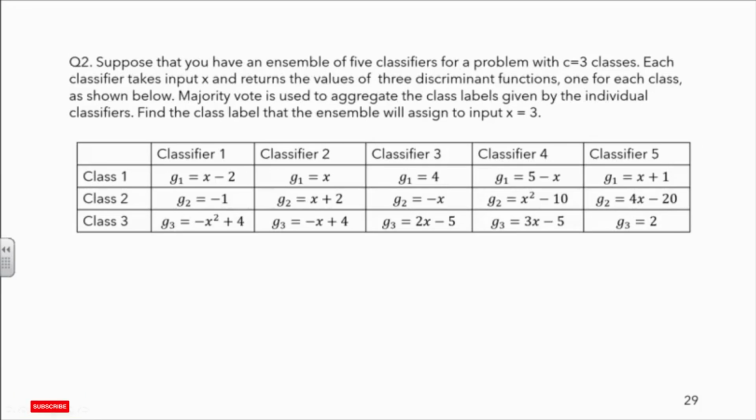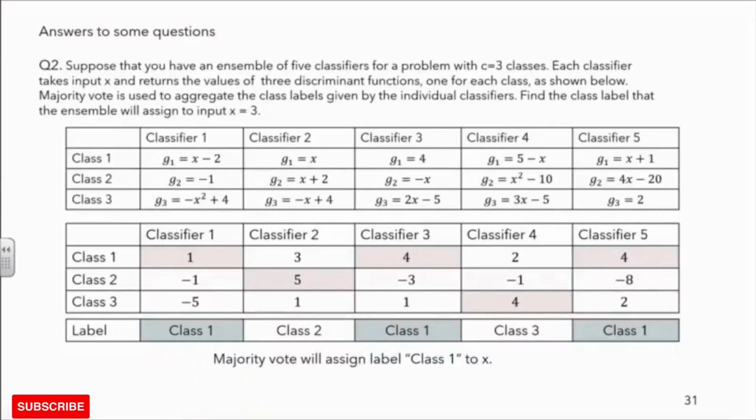But basically, what you will need to do: you have the different classifiers, there are different discriminant functions here. You got a new input x equals 3, so you have to replace x with 3 in all these equations, and then look for the sign, and you can see here the answers.